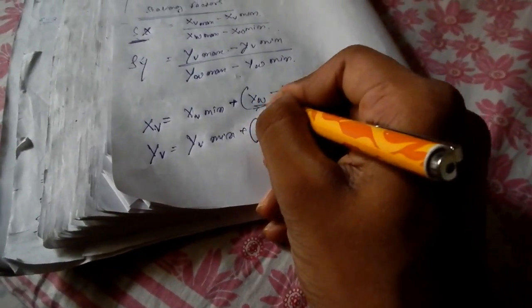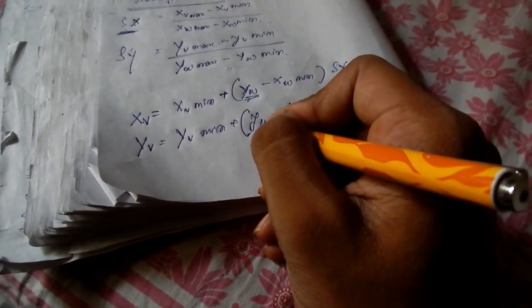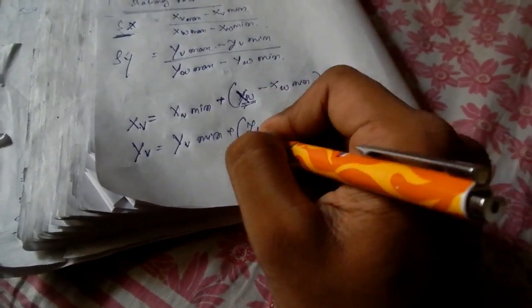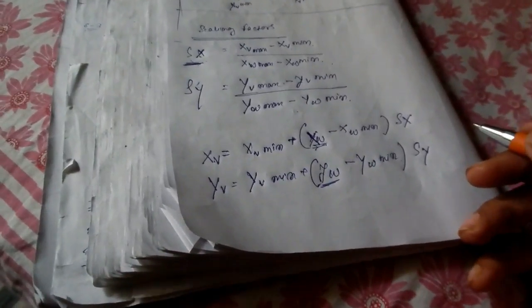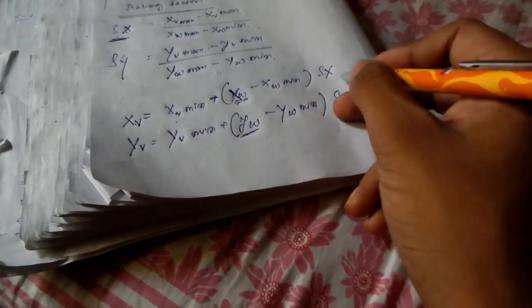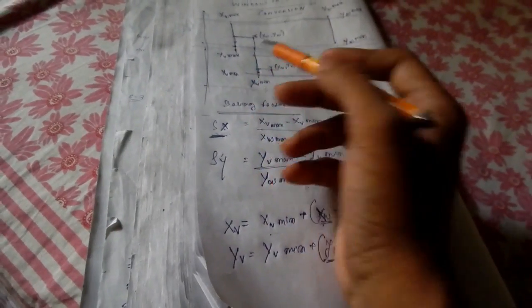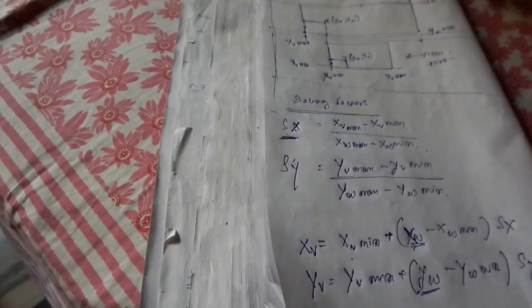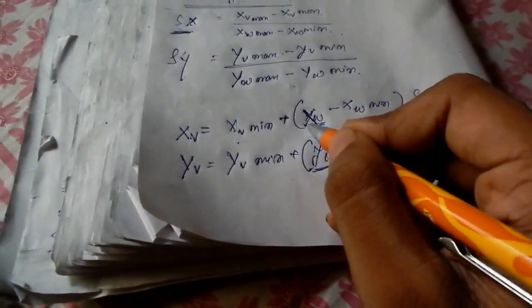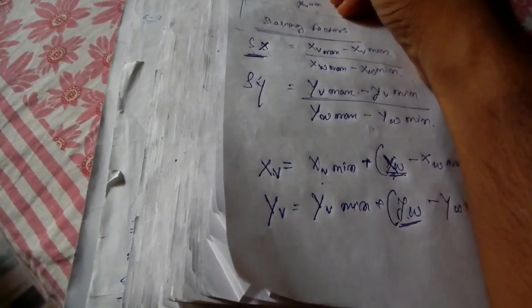So just put the values of xw and yw, and the other values we will obtain, since xw min, xw max, yw min, yw max and the other spans of the viewport are given as well. We just need to put in the coordinate of this bird and we can get the coordinate of the bird in the viewport.